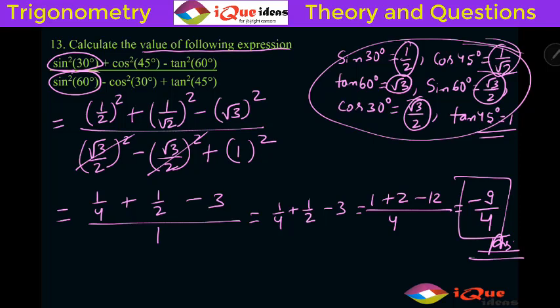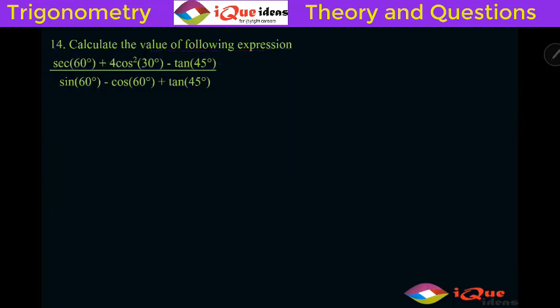Alright, now let's take up the next one. In this question again we need values. So I'll directly put the values. Let's say sec 60 degree. Sec 60 degree is equal to 1 by cos 60 degree. And cos 60 degree is 1 by 2. So it is 1 by (1 by 2), which is equal to 2. Right?